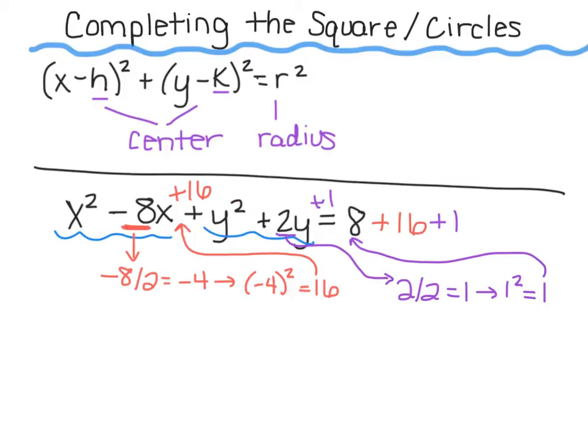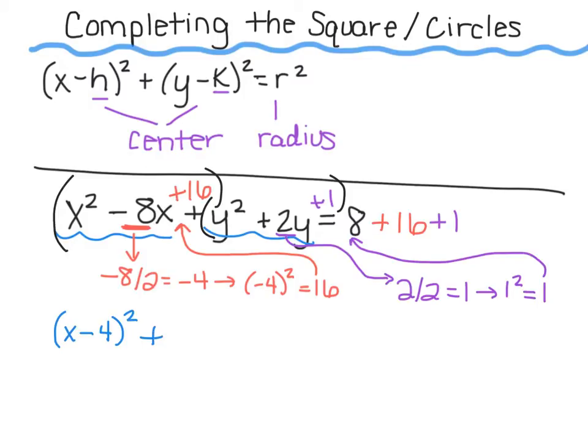And now what I want to do is take the two groups. I'm going to take this as a trinomial and this as a trinomial and factor them. So x squared minus 8x plus 16 would factor into (x minus 4) squared. I chose that number conveniently so that it would factor.